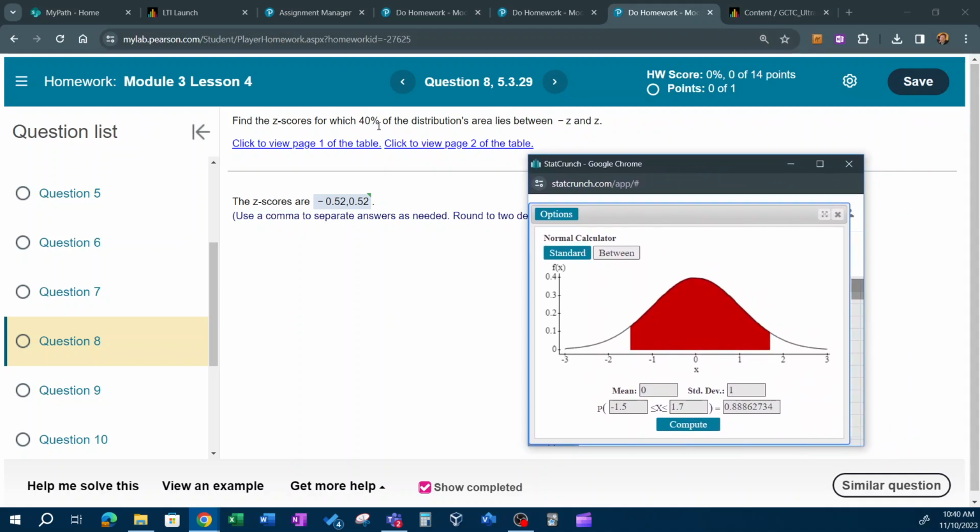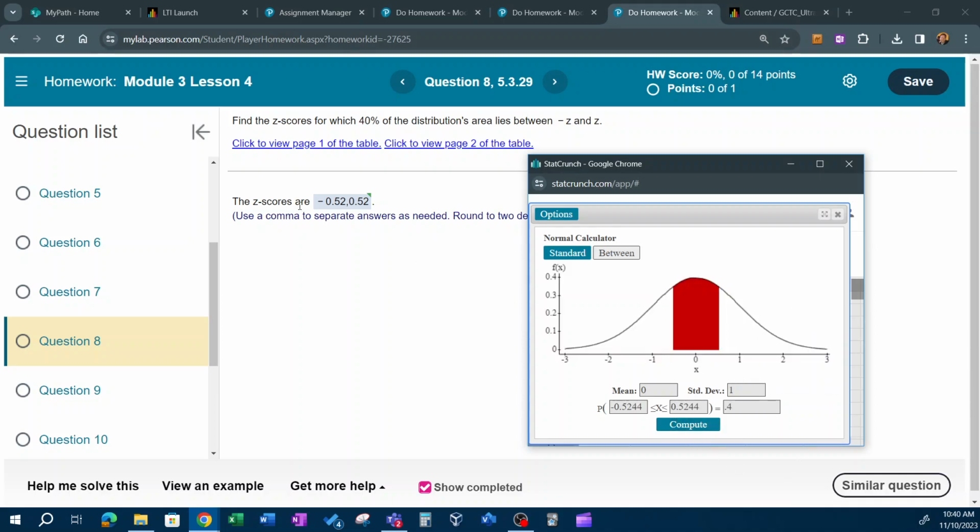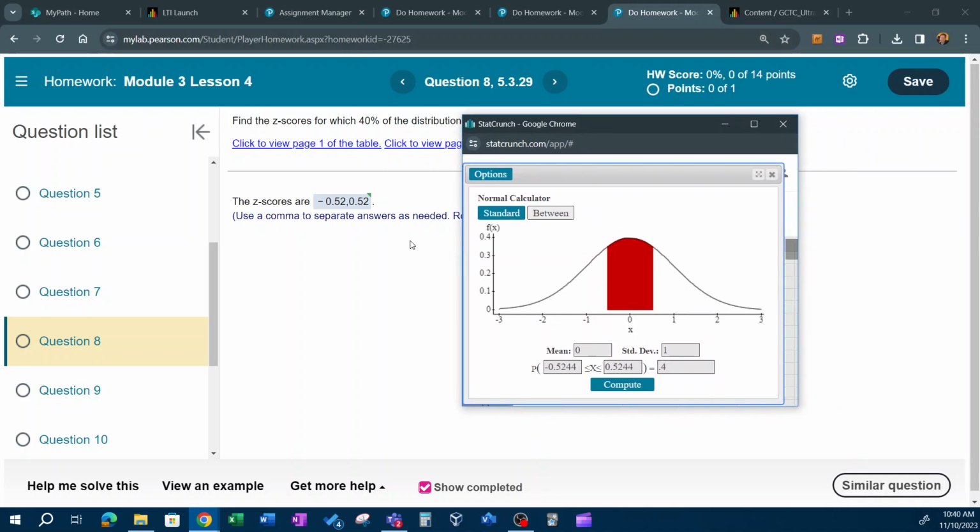It says 40% of the data. So again, this is a percentage. We put 0.4 here and compute, and these are our Z values. So 40% of the data is between minus 0.52 and plus 0.52.